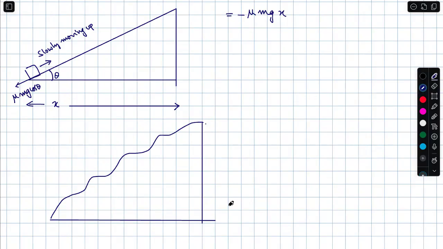But the condition is it should be slowly moving up. That should be slowly moving up.